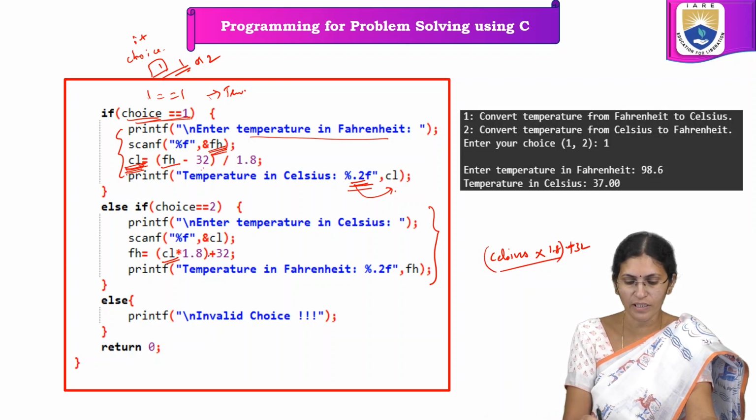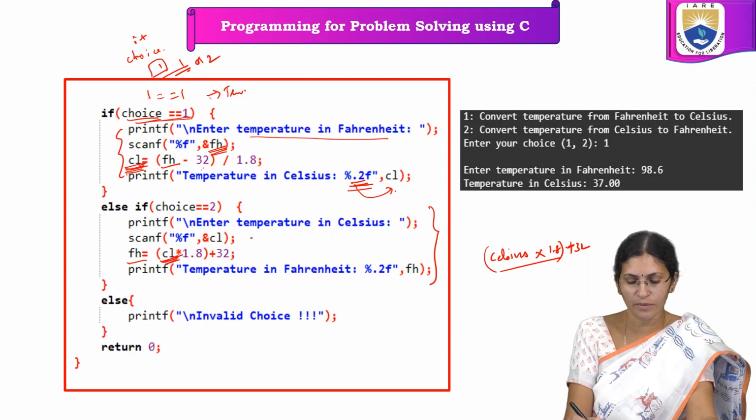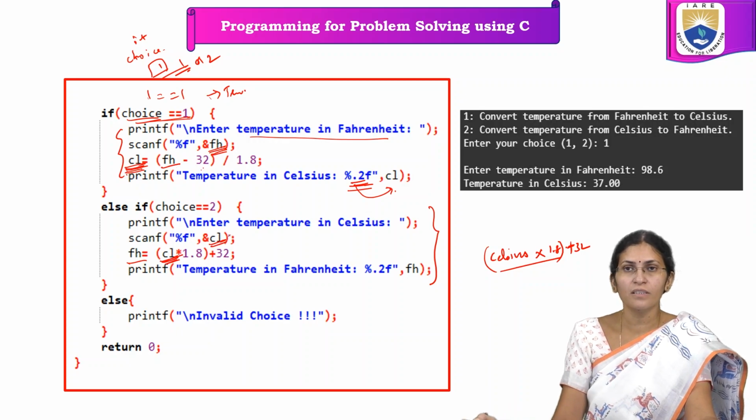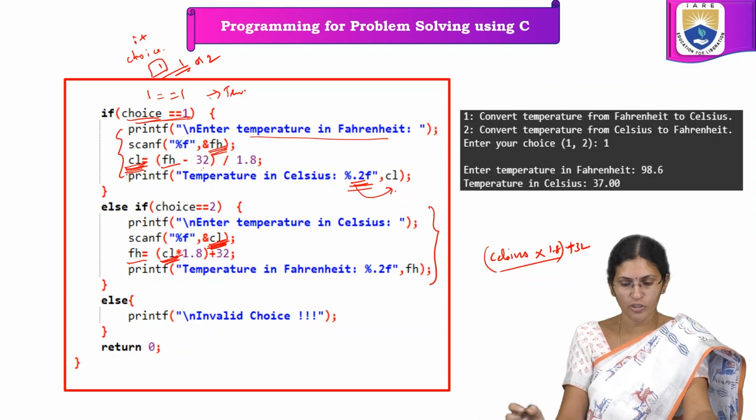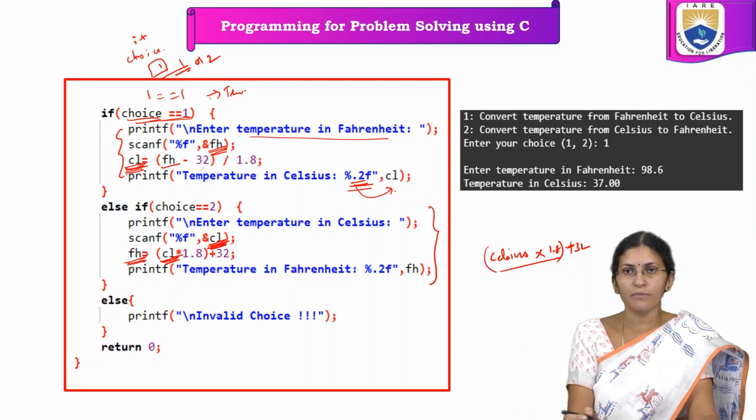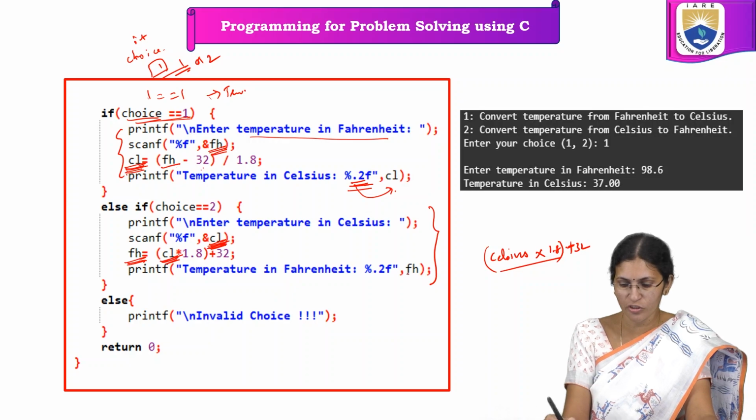For this, the input, that is the temperature in Celsius, is required, which is read in the variable CL with the help of the scanf function. Then after calculating the temperature in Fahrenheit, we print it with the printf function. Since it is a float value, we have used %.2f as the format specifier.